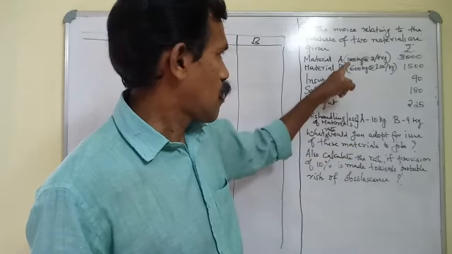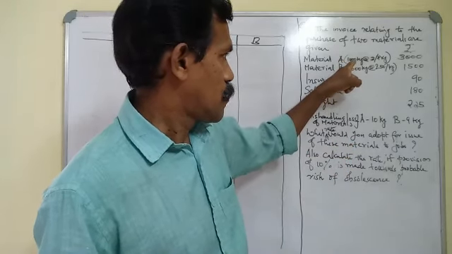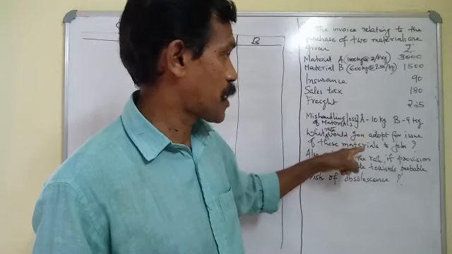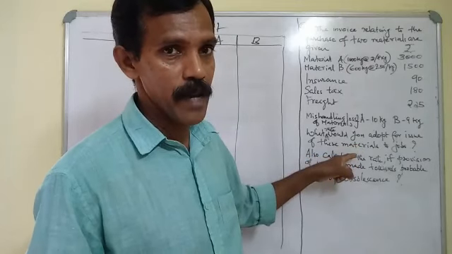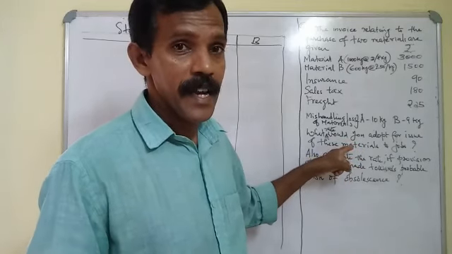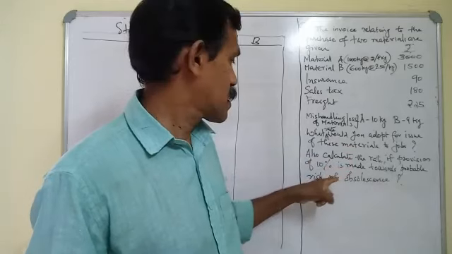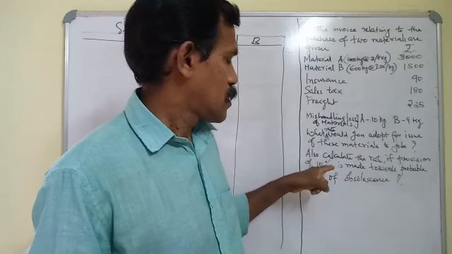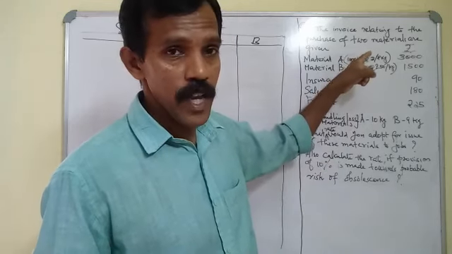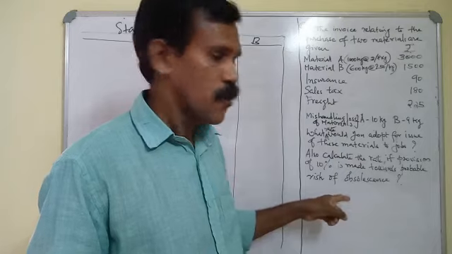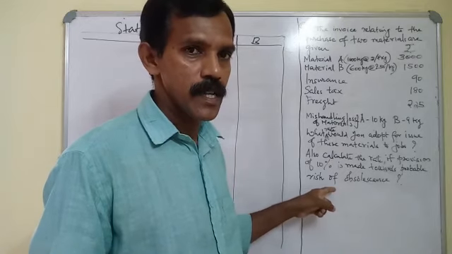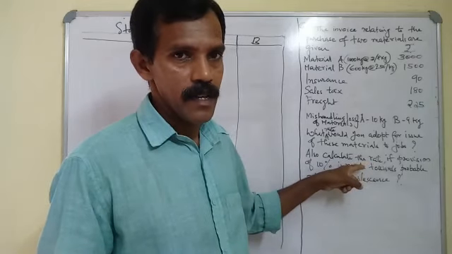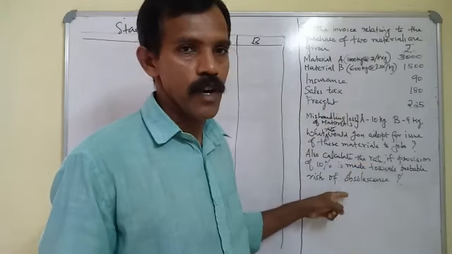Here for material A, firstly 1000 kilograms, from it we deducted 10 kilograms, then quantity comes to 990 kilograms. From that 990 kilograms we have to deduct its 10%, 99. Then in case of B also we have to do the same. For that effective output we have to calculate per unit rate. This is our question.